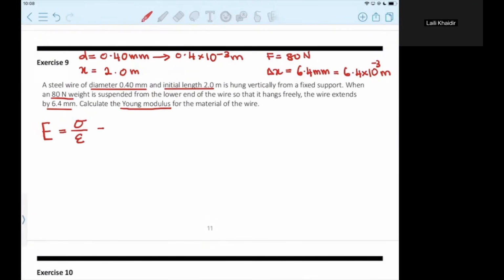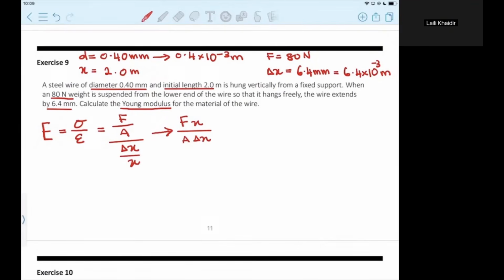If we substitute, stress is force over area, and strain is extension over initial length. When we rearrange that, it will become force times the original length over A times delta x.